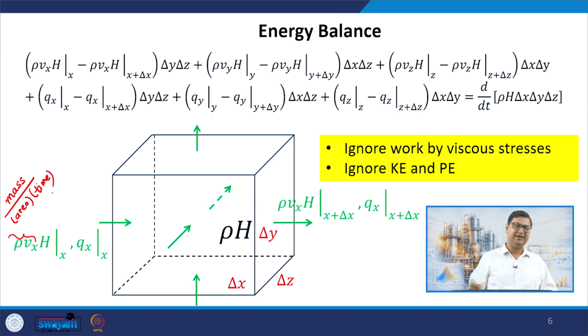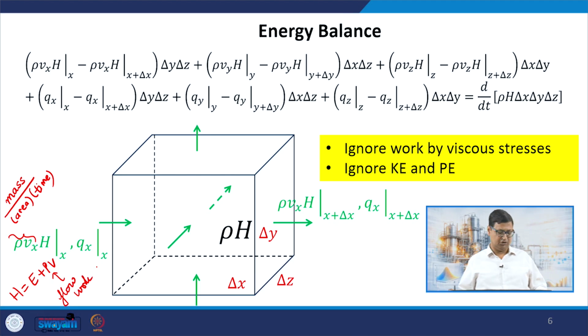And if I multiply this with the energy per unit mass, then I will get energy flux, right? And energy we have replaced with enthalpy earlier, because H is equal to E plus PV, where E is the internal energy, and by doing that we account for the flow work in the system. The same argument I am going to use here.